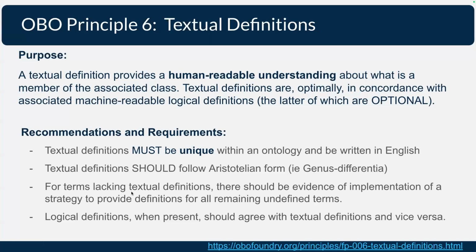If there is no textual definition, you need to have a plan and a strategy to make sure that those definitions are being brought into your ontology. We also talk about that later. And that makes sense because, as I mentioned earlier, an ontology term represents a concept, and we need to know what the concept means because we cannot trust the label or the names. And the logical definition should agree with the textual definition and vice versa. This is what I mentioned. And again, it makes sense.